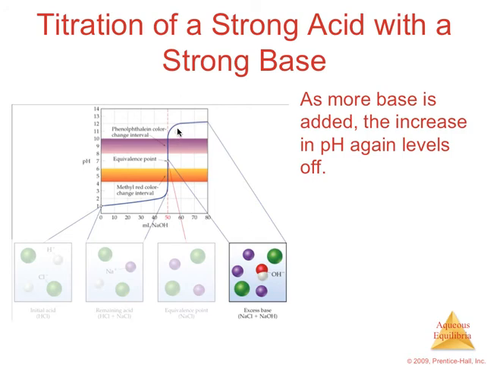As I continue to add base, I run into excess base, where in the solution I have salt and I have the sodium hydroxide. So the base at this end is due to the excess sodium hydroxide, and we can see a pretty high pH at the end of a titration of a strong acid and a strong base.